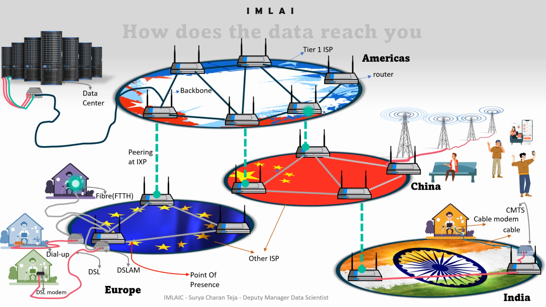We cannot say shortest path, it will find a path, and then it will find the IXP, internet exchange point, with the Chinese network, and through that internet exchange point it will enter into the Chinese subnet, and then from the Chinese subnet router it will go into the backbone of the Chinese subnet, and then from the nearest router through the optic fiber cable it will find the nearest cell tower.